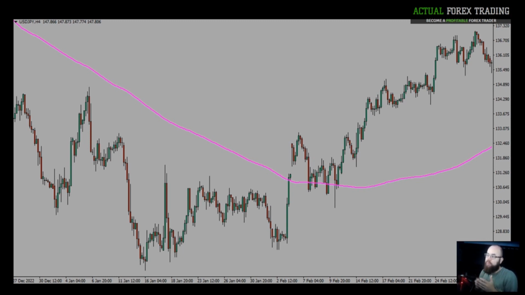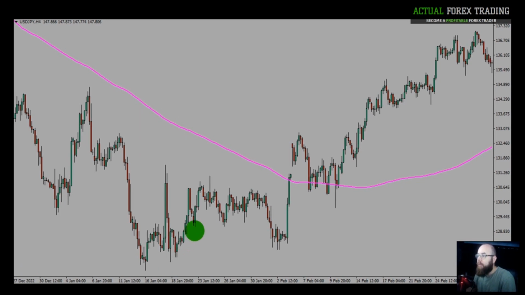So we've had a downtrend become an uptrend. Price has been below the moving average, has moved above it. That can signal the start of an uptrend. The moving average was moving down, it's now moving up. That can signal price was downtrending, it now could be uptrending.